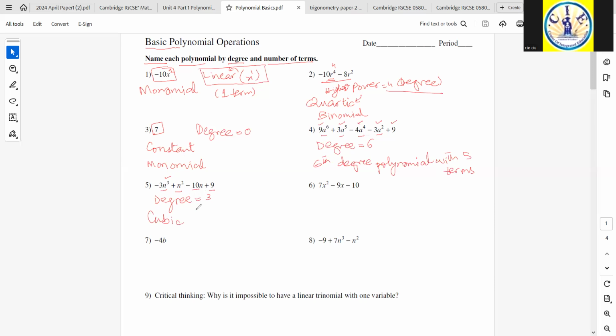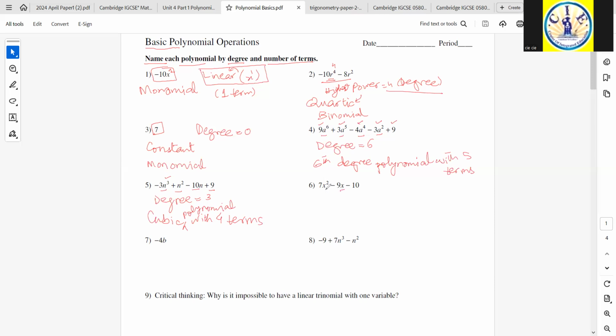And it has got 4 terms. So you can call it a cubic polynomial with 4 terms.